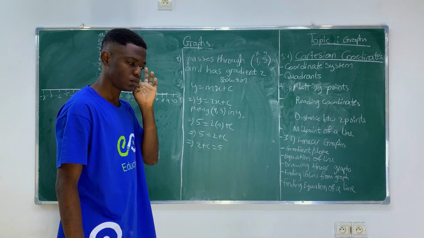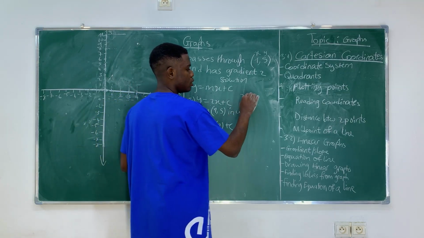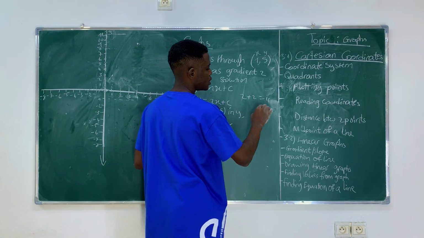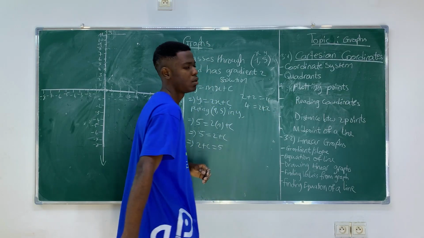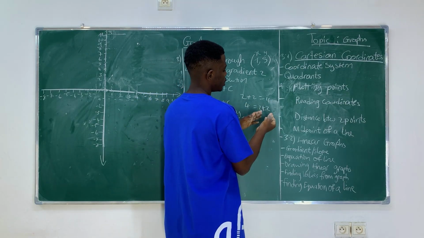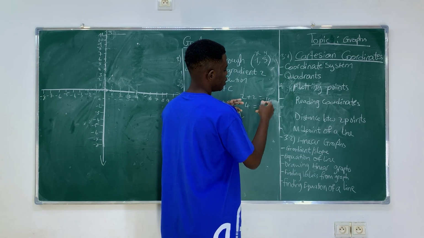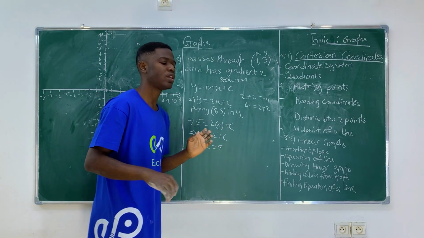What do I do? I switch sides because I only see c on this side. So I reverse it. It's the same thing as I said before: 2 plus 2 equals 4 is the same as 4 equals 2 plus 2. You see, I just put this one here and this one there. Just switching your position, I will not change anything.